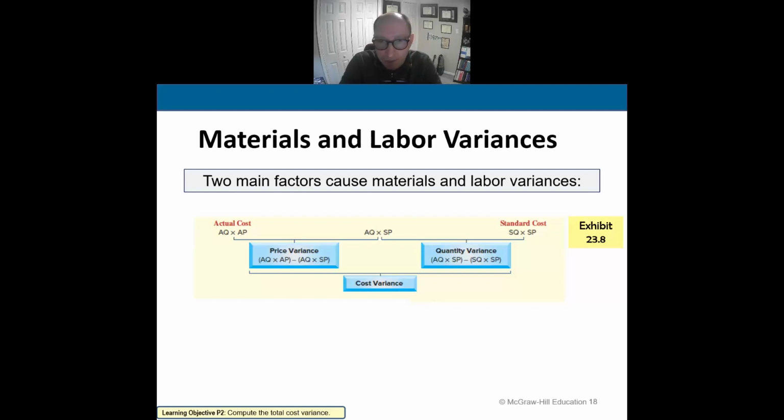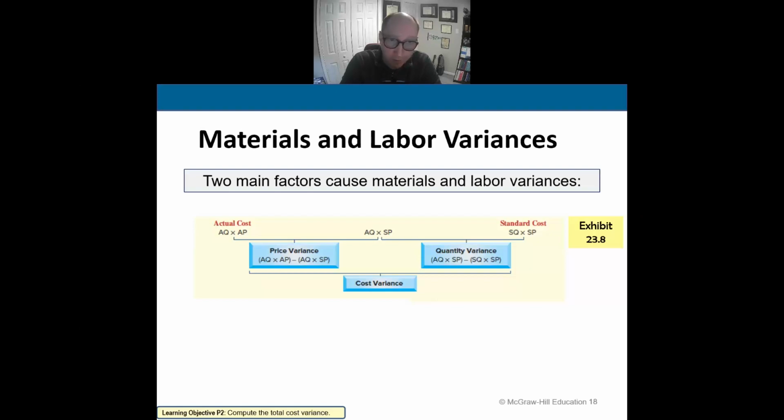I find a very similar variance for quantity. The actual quantity times the standard price minus the standard quantity times the standard price. That gives me my quantity variance. I take my price variance and the quantity variance.